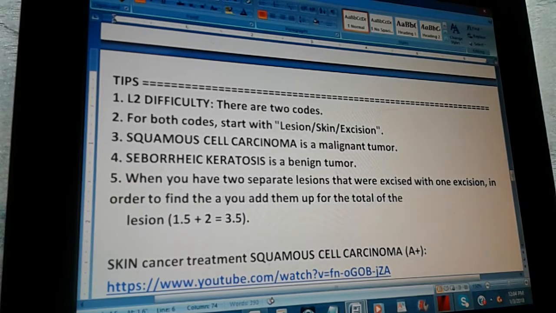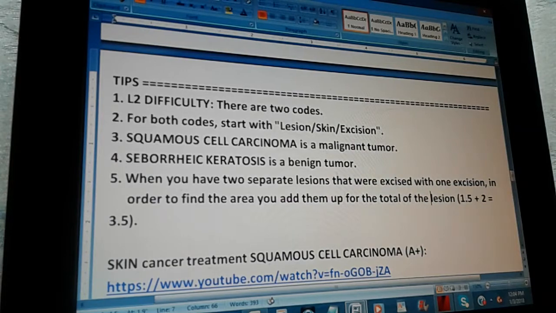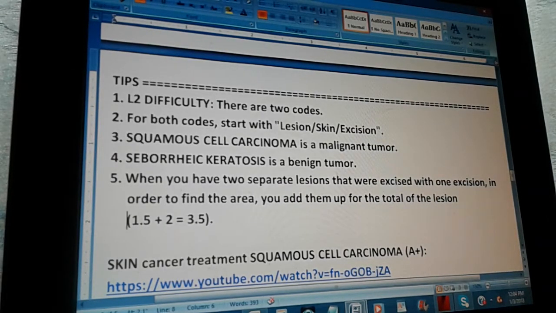So we have a 1.5. You add them all up for the total of the lesion. Since the two lesions are 1.5 and the other one is 2, you add them all up and you have a 3.5 lesion. You're going to need this number to find the right code. Okay? So those are our tips.